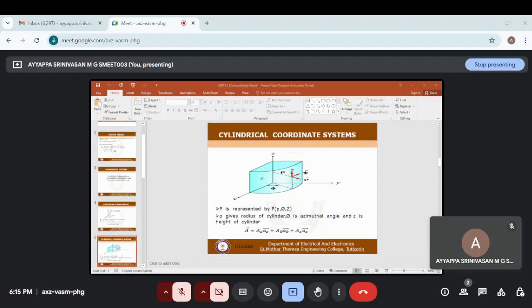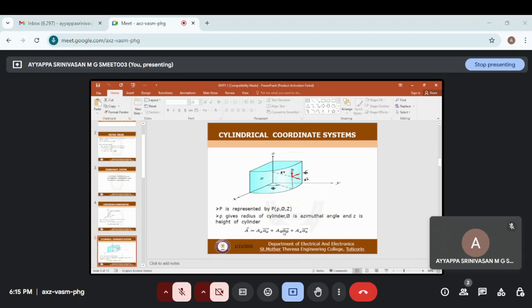So rho is the radius of the cylinder, phi is the azimuthal angle, and z is the height of the cylinder. Here a rho vector, a phi vector, and az vector are its representation. Further, one of the representations is shown in red color.